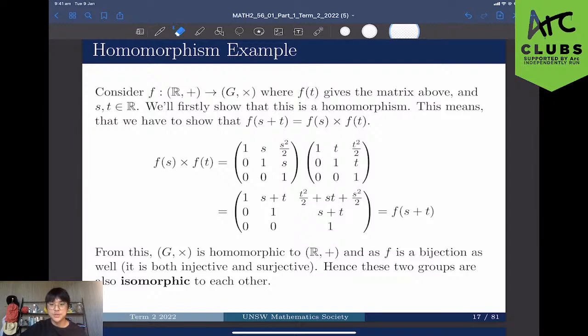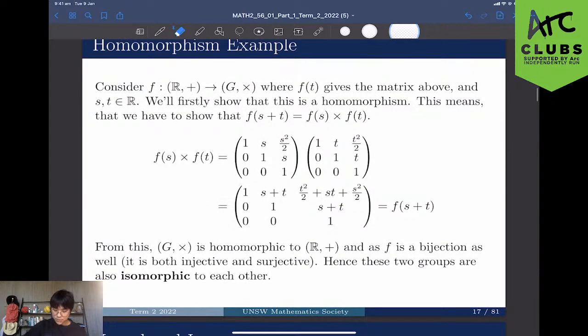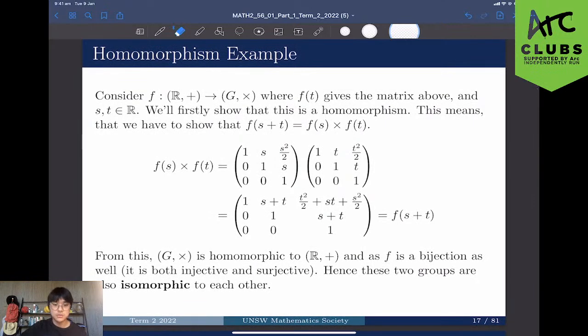So now we have to prove that it's isomorphic. And here we keep it quite simple. We just say that we know that f is a bijection because it's injective and surjective. If you just think about it, it's going to be 1-to-1 because here we have just s, so each s here is going to be mapped by only one real value.